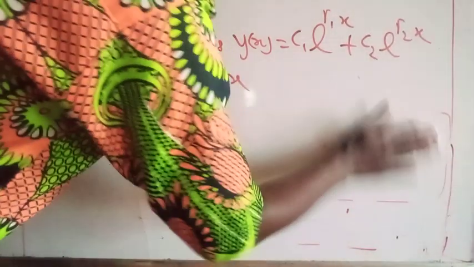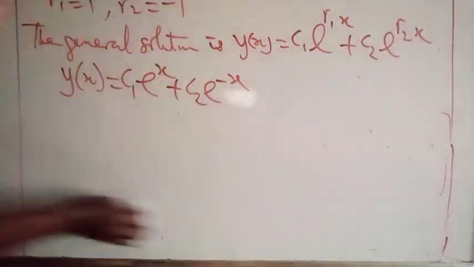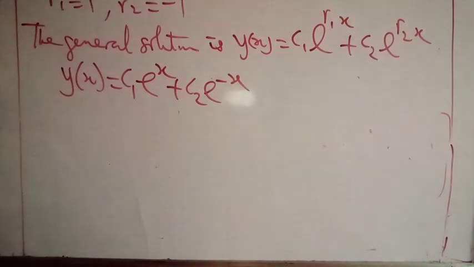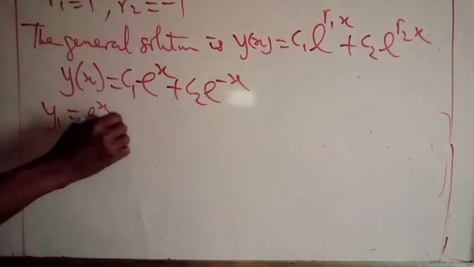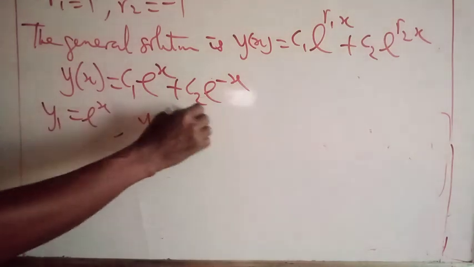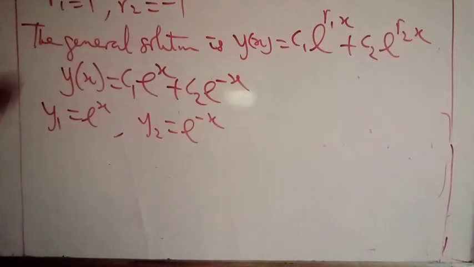Now the next question is we have to find out whether the set of solutions are linearly independent. So here we can say y1 is equal to exponential x and y2 is equal to exponential minus x, so that it forms the linear combination that we talked about the other time. Now how do we find the Wronskian?